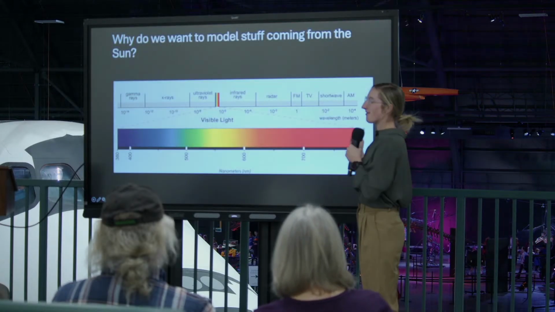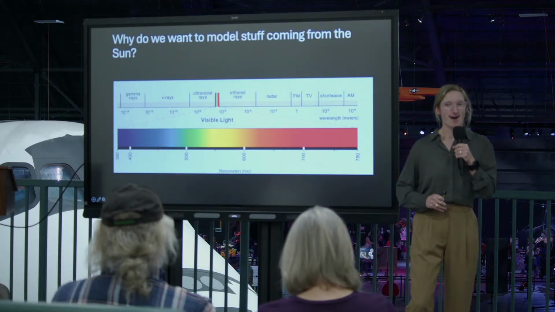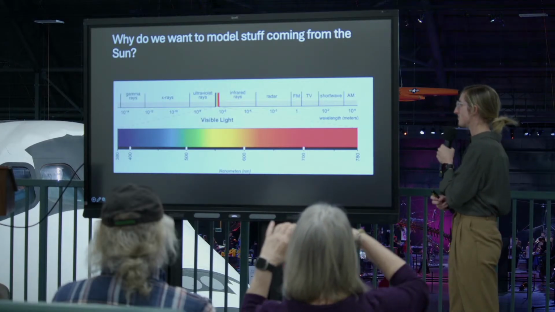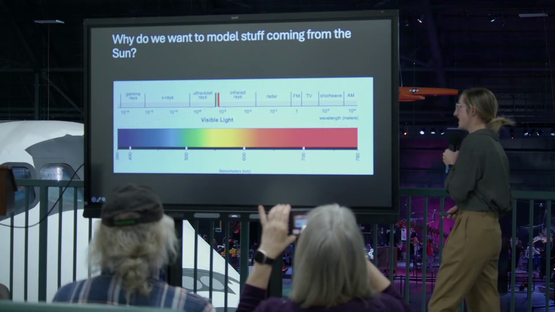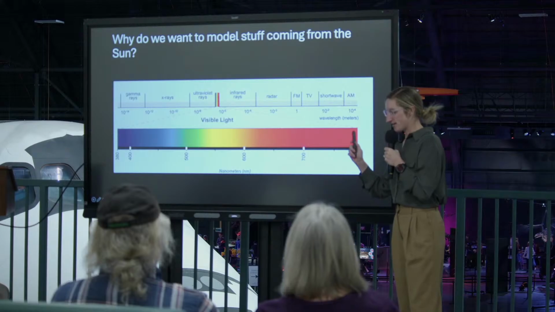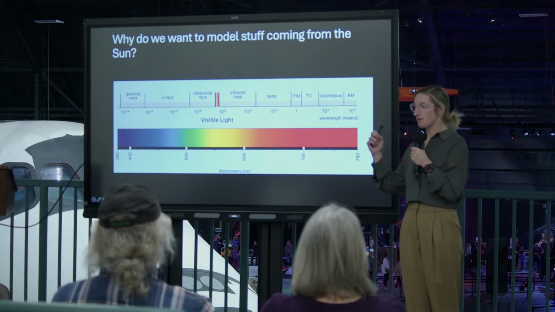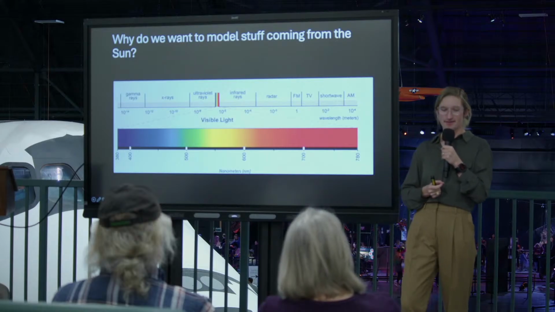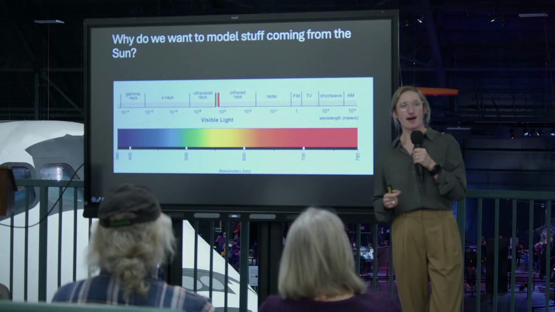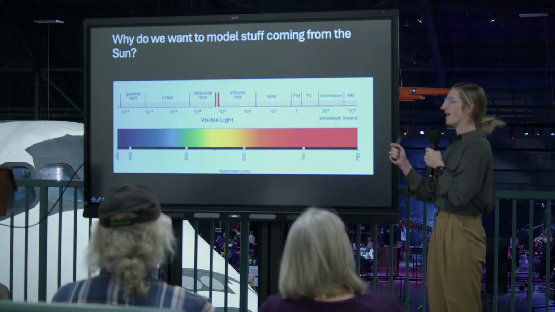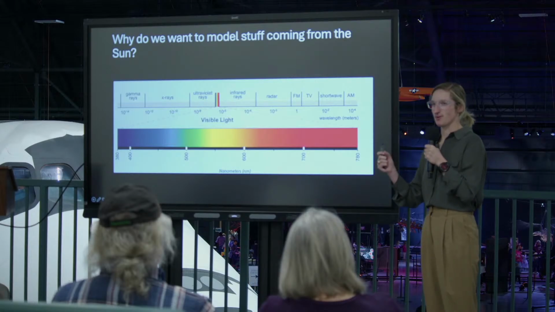Okay, so now that I've scared everybody about the sun, let's talk about how we're studying it so that we don't have these issues. And this first study I want to talk to you about is something that I was a part of, and we always joke that we're doing it so that we can prevent anyone from having issues watching the Super Bowl.